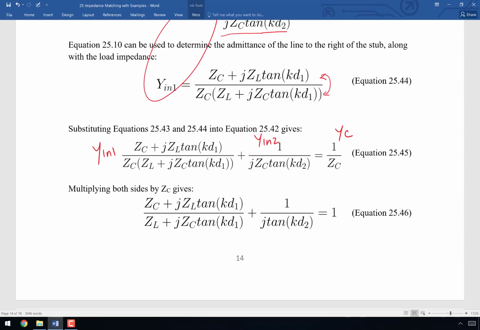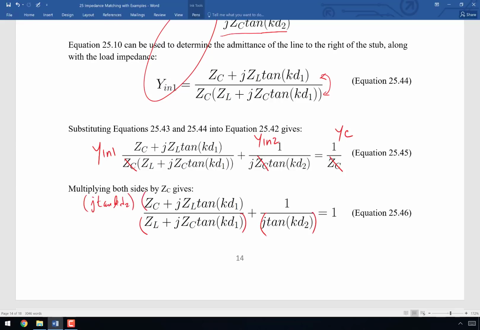We're going to multiply both sides of that equation by z sub c to get rid of some z sub c's that were in the denominator. So we'll simplify things a little bit. The right-hand side in particular just becomes 1. Now we're going to multiply through by this denominator multiplied by this denominator. All three terms are going to get that. The first term is just going to get the j tangent of kd2.